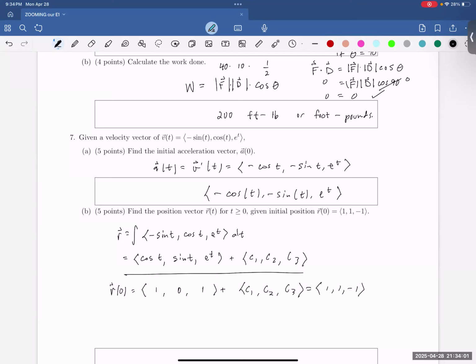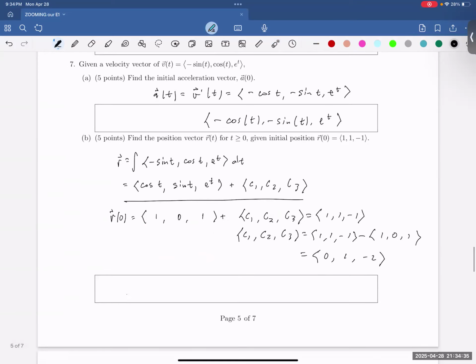So C1, C2, C3 is equal to 1, 1, negative 1 minus this 1, 0, 1 vector. One minus 0 is 1, negative 1 minus 1 is negative 2.